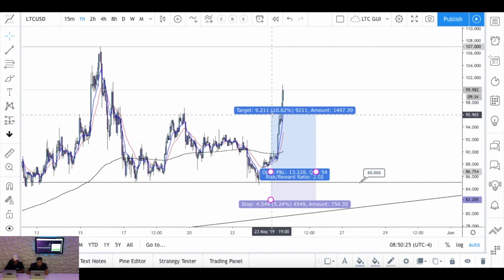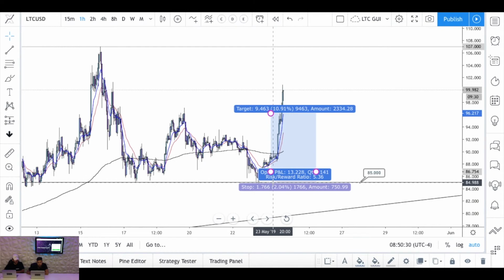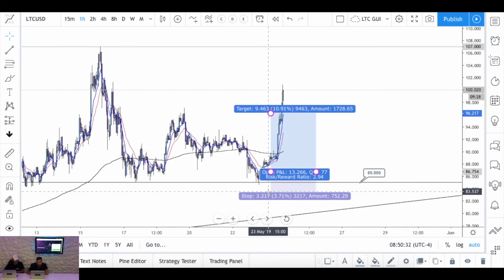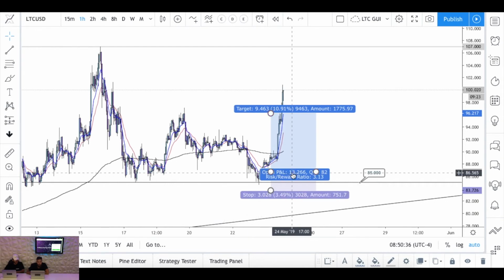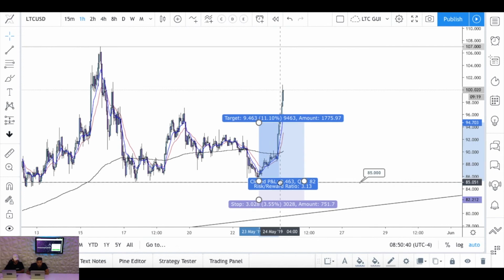TP2 was over here, and you see, because I had a delay sending it to the group chat, it was past my entry point. But my entry point, I had a buy order at 85, because it was an exact level.